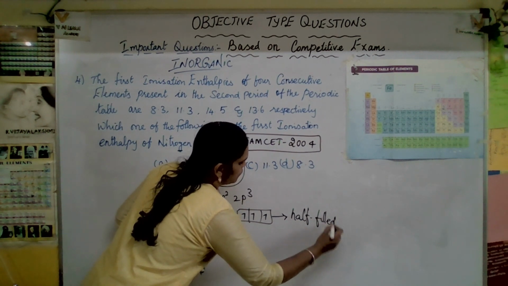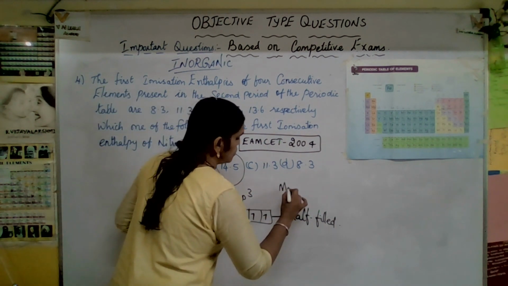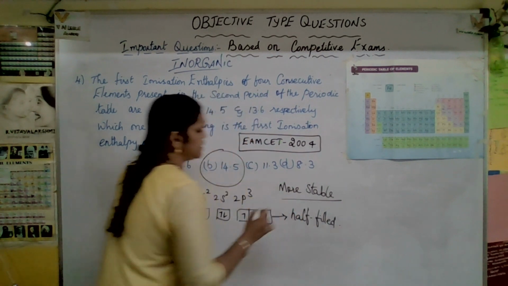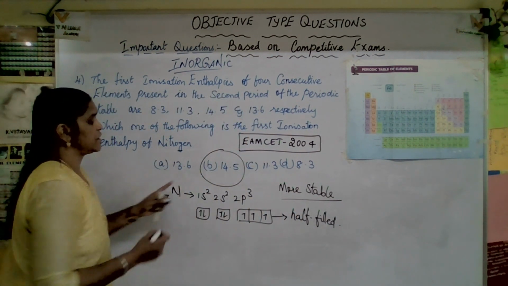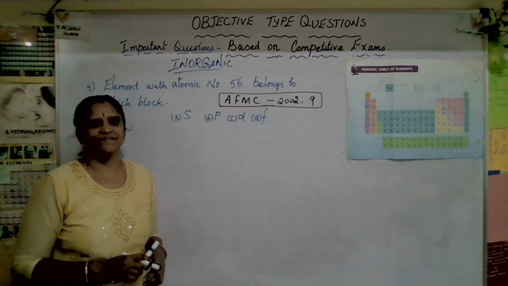Half-filled and completely filled configurations are more stable, you know very well. More stable means naturally the first ionization enthalpy of nitrogen will be maximum. So the option will be B.